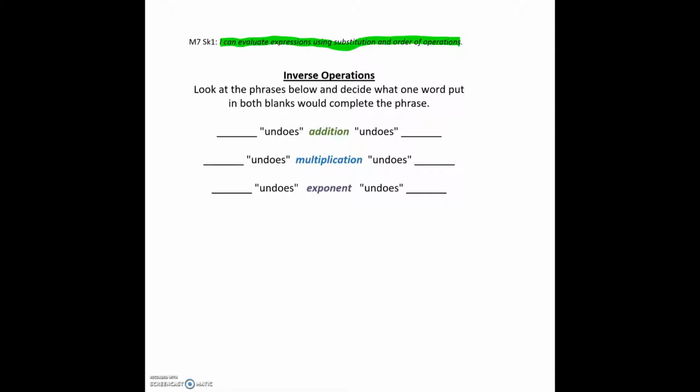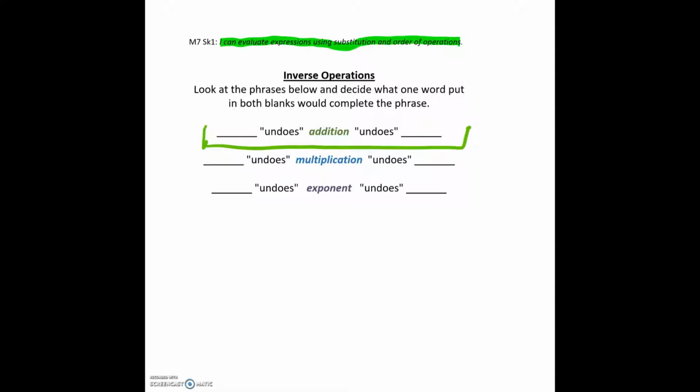I want you to look at these phrases below, and you're going to decide what one word fills in the blank on both sides of the phrase. So you may remember we talked about this last week, but you're looking for a word that fills in this whole phrase on both of these lines that are blank.